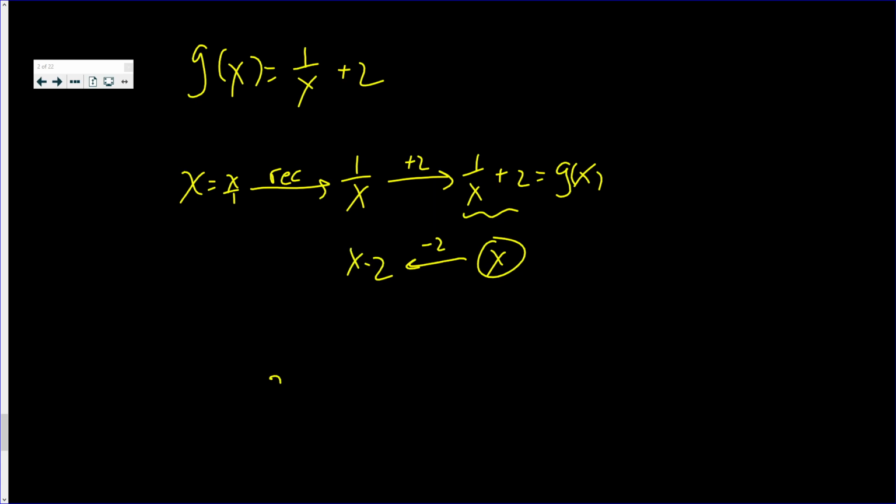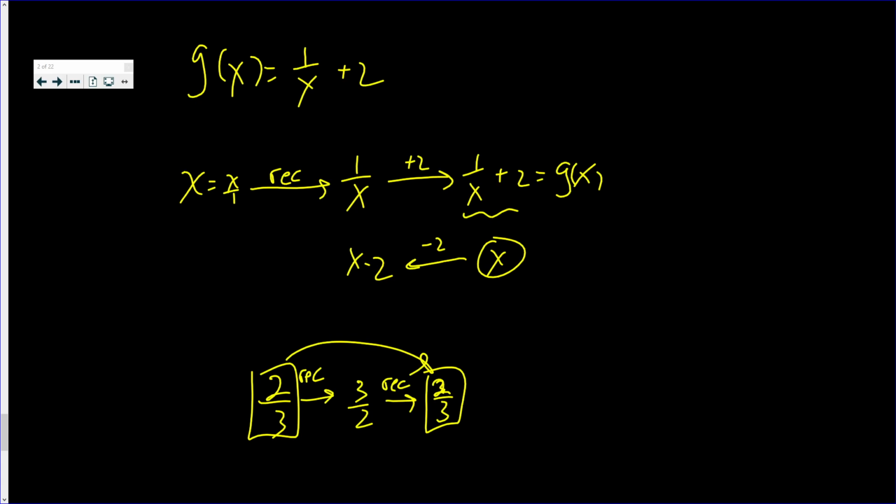Now, if you take a number and you take the reciprocal of it, to undo that, that is, to get back that number, you take the reciprocal again. And look, we got back what we wanted. So, to undo taking reciprocal, we take the reciprocal. So this becomes 1 over x minus 2.